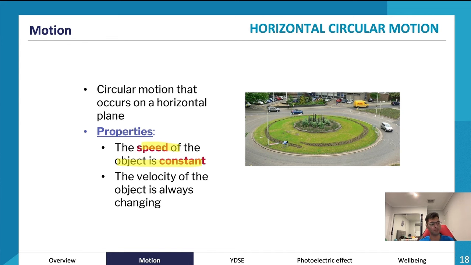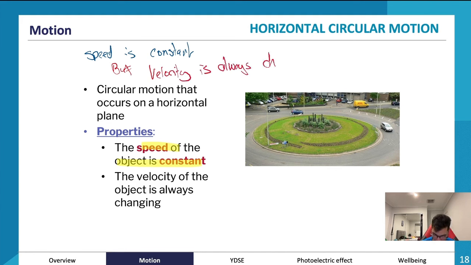In a circular motion question, the speed is constant, but the velocity is always changing. And because it's always changing, we say it is accelerating. So that is one thing you want to keep in mind.